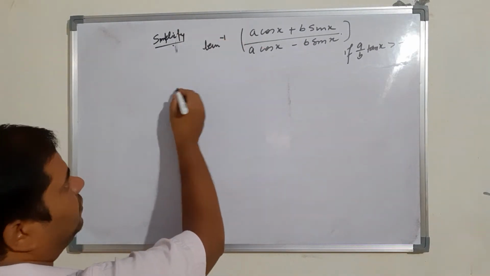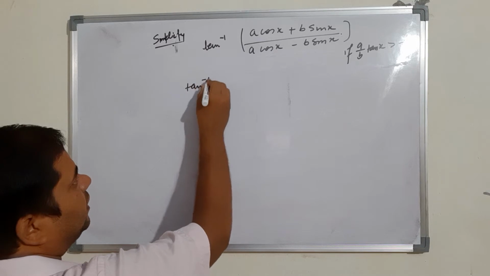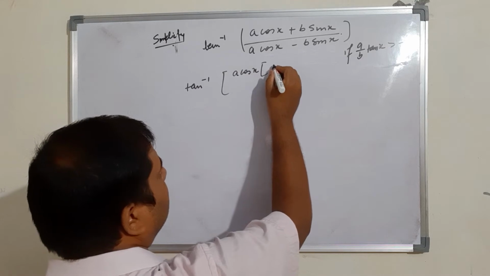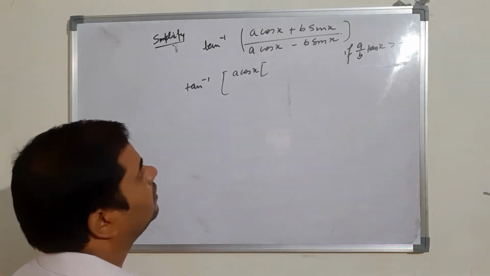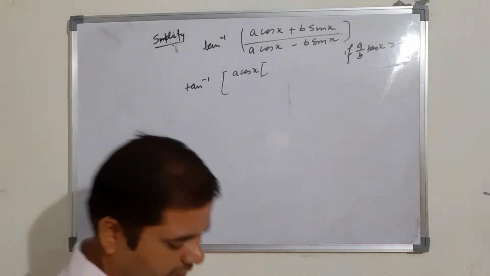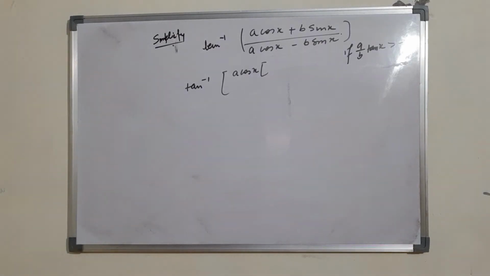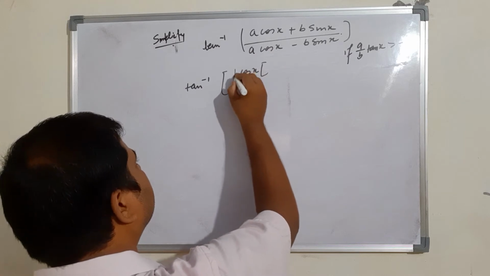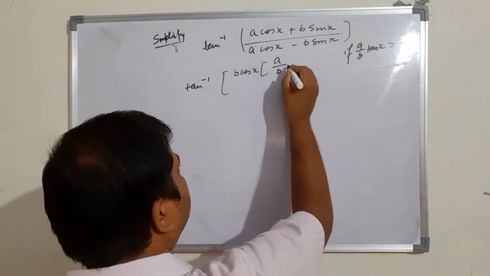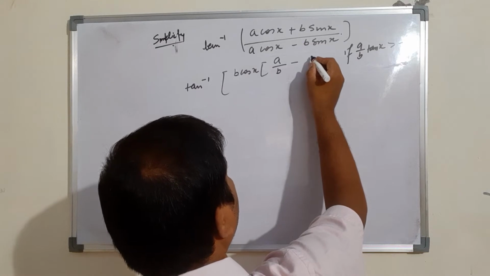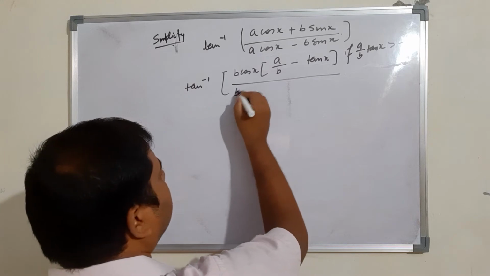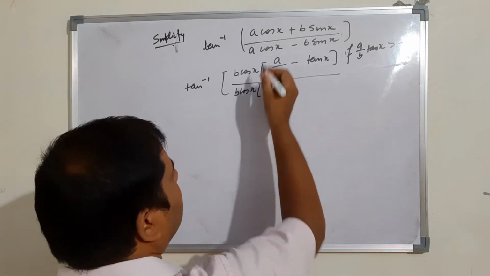So now simplify. This can be written as tan inverse of a cos x is common, then 1 minus b by a tan x, divided by b cos x taken common, then a by b minus tan x.